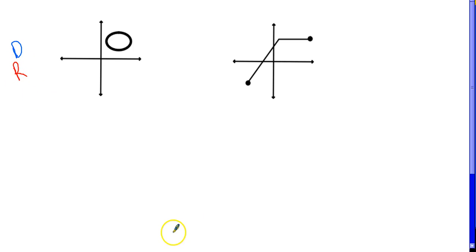So let me just talk to you about this. My x-axis is my domain ruler. It's my domain measuring stick. It tells me a lot of information. So when I am measuring the domain of this oval, I'm trying to find out where is its very left point and its very right point. Would you say that this point right here would be the most left?